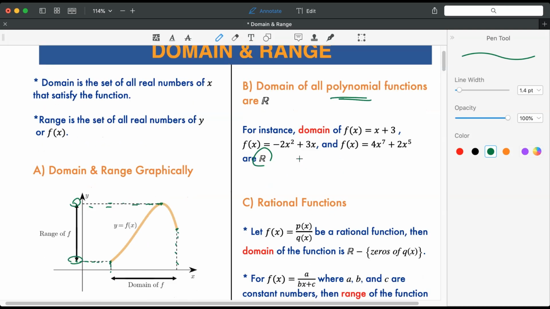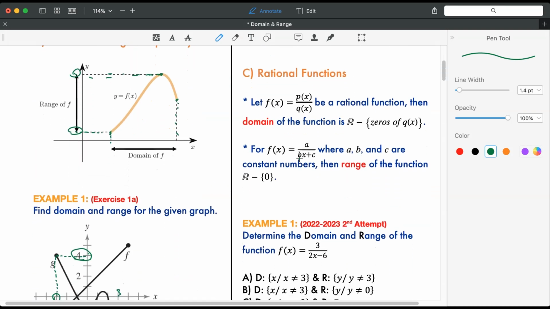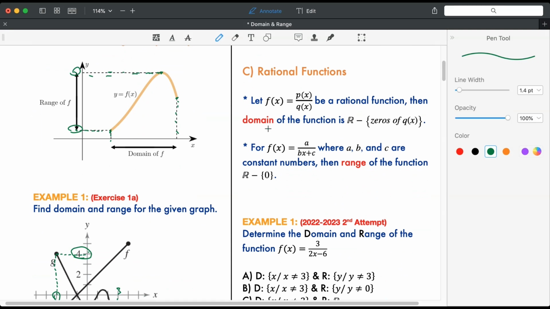Second rule, rational functions. For rational functions, remember, if the rational function is a number over 0, then we know that it is undefined. Denominator can never be 0. So we also know that domain is all allowable x values that we can use as an input.